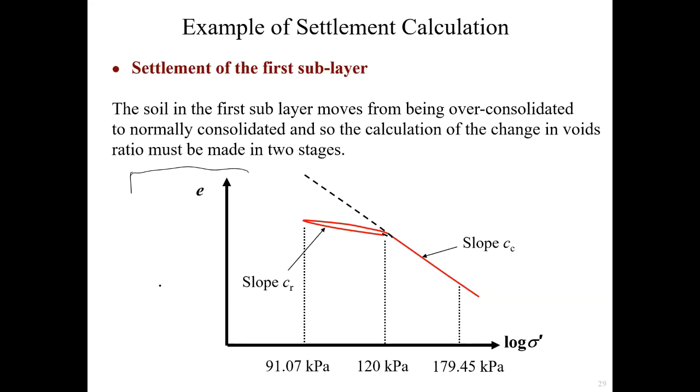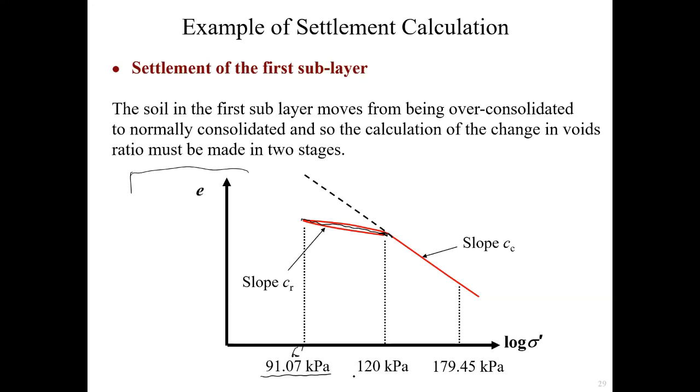So if we label the values in this curve, it's always like this: the loading and unloading curve, and the pre-compression curve, or the NC/OC curve. So we can see that the soil in the first sublayer moves from being over-consolidated to normally consolidated, because sigma O prime, that's the one we calculated before we apply unload and before the water table raises.